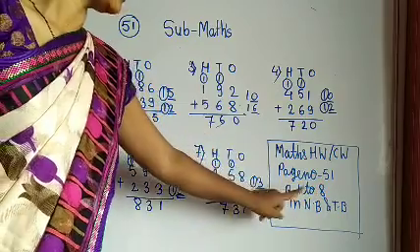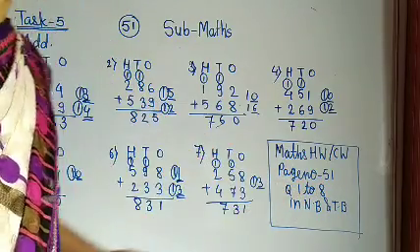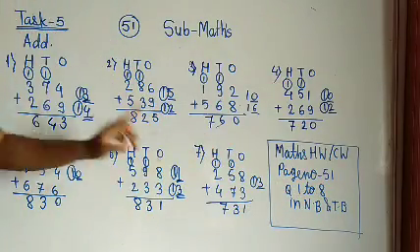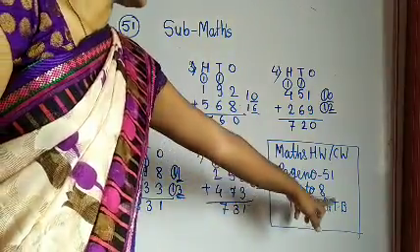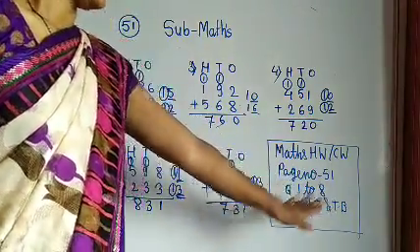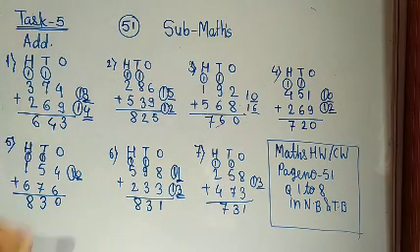Page number 51, question number 1 to 8. Means question number 1 to 7 I solved, 8 solve by yourself. In notebook also and textbook also. Whenever you are solving in the notebook, then write down this one properly. Task 5, then add and write down these sums properly.